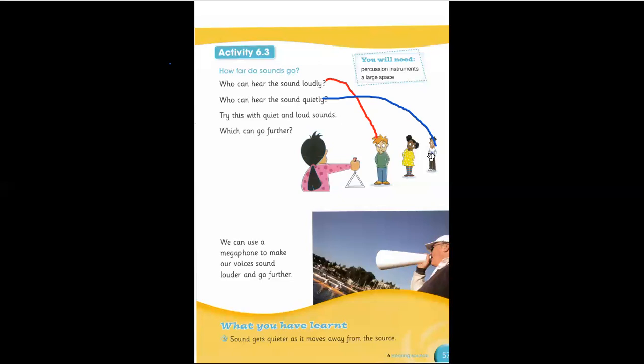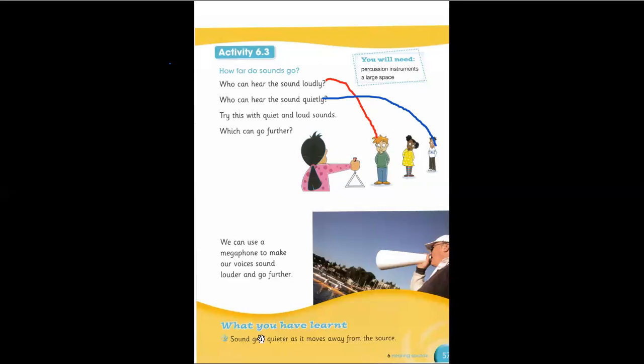He is at a distance, so the sound will become quieter. Whereas the boy who is standing in front will hear the sound loud and clear.